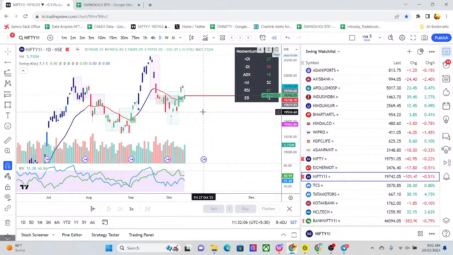But if Nifty is trading above 20 EMA, then I aim for bigger, like 25-30%.